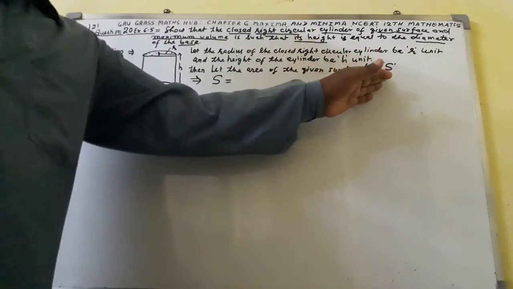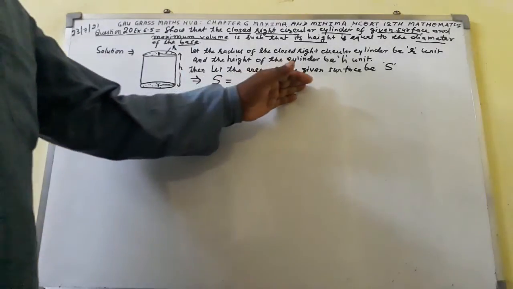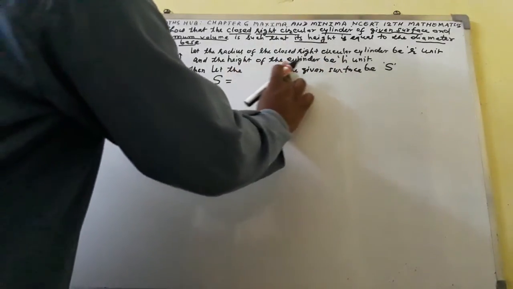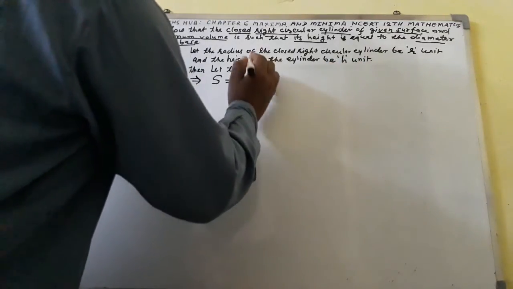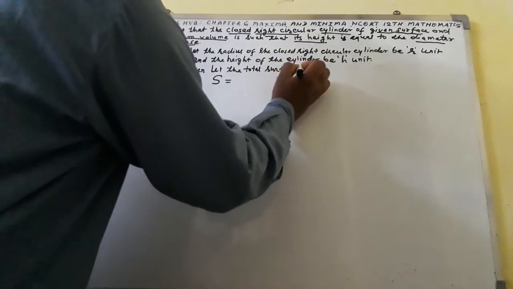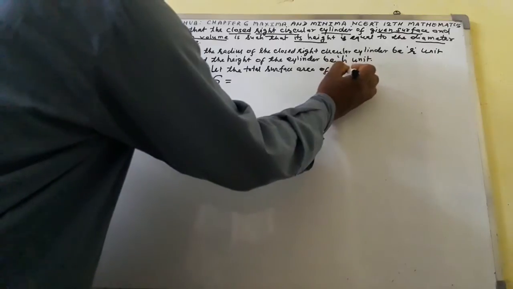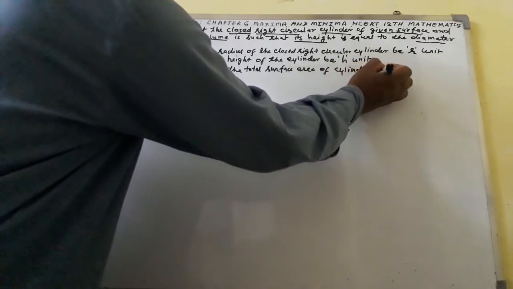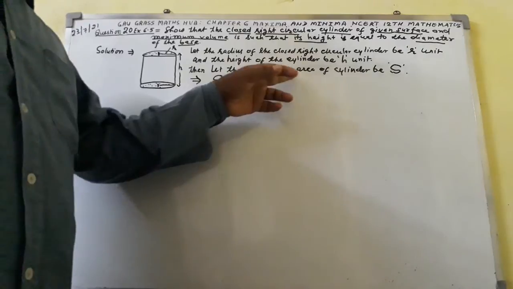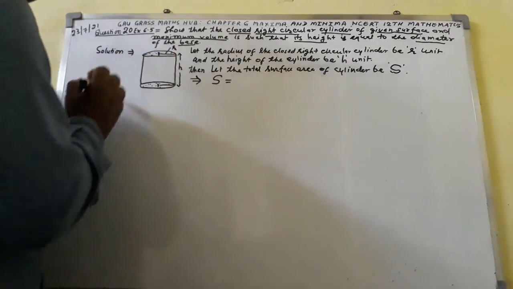Let the total surface area of the cylinder be capital S. So here you can see the total surface area.